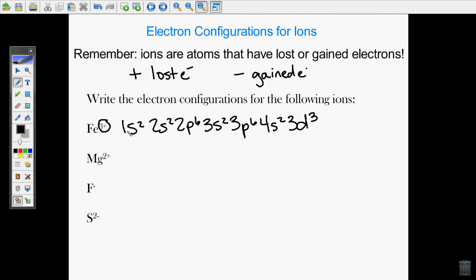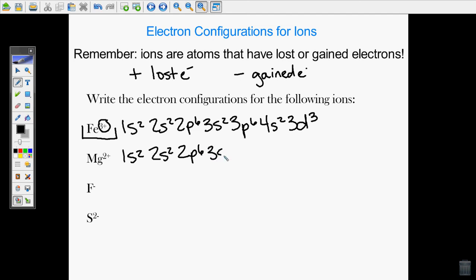So you have to be careful because this could be the electron configuration for vanadium, or it could be the electron configuration for the iron ion. So you just have to be careful on multiple choice questions. So do the electron configuration for magnesium. 1s2, 2s2, 2p6.